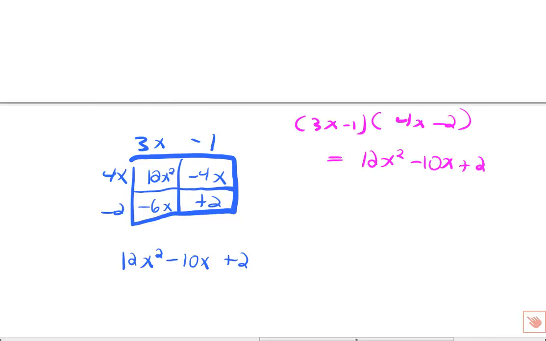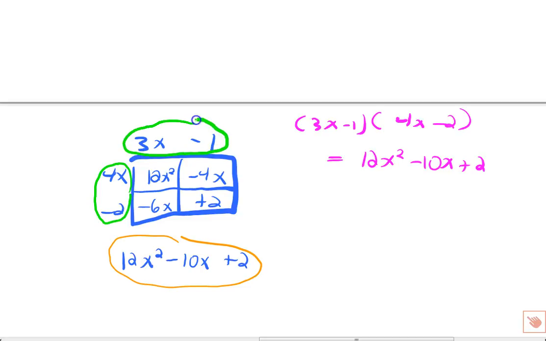So the question is, if I had started with 12x squared minus 10x plus 2, could I have worked backwards to figure out what was multiplied in the first place? Could I have gone in this direction? Instead of multiplying these two and getting my result, could I have started with a result and worked backwards?